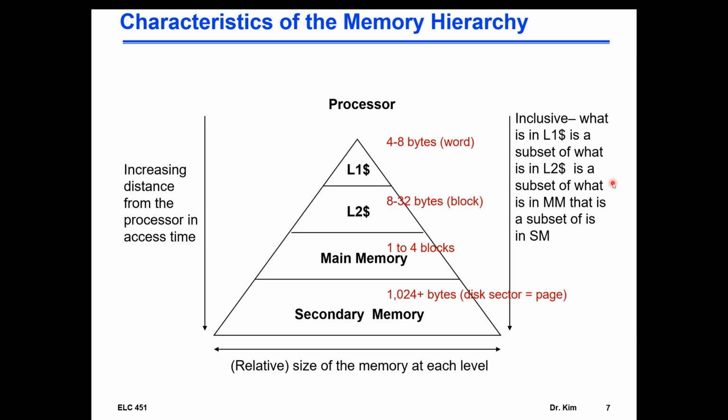Then we have main memory, which is a different circuit design technology and technique than the caches. So this one is going to be slower because it's a different design technique, a different type of physical construction, and also because it's larger. And then you have what we can call secondary memory.